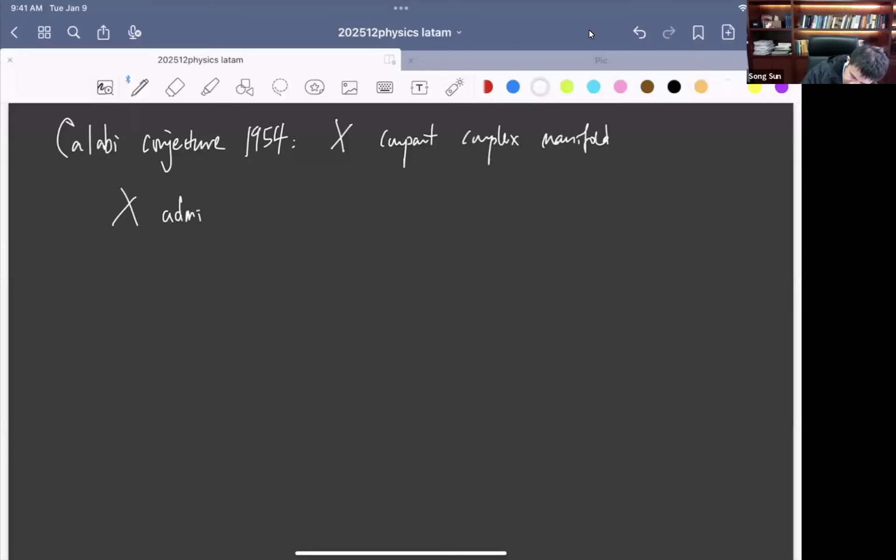So X admits a Kähler-Einstein metric if and only if the first Chern class of X is definite.